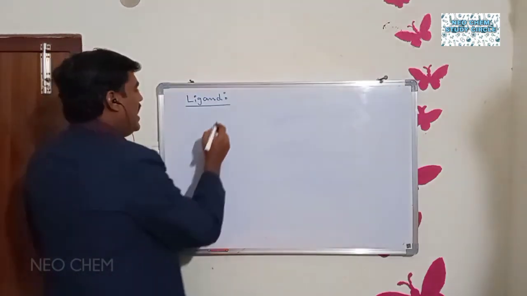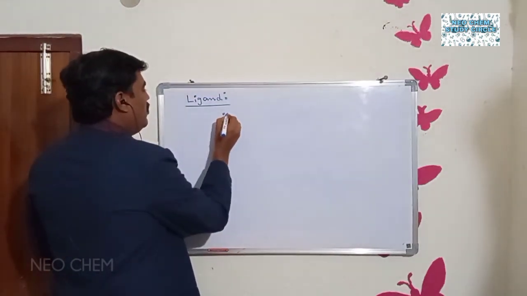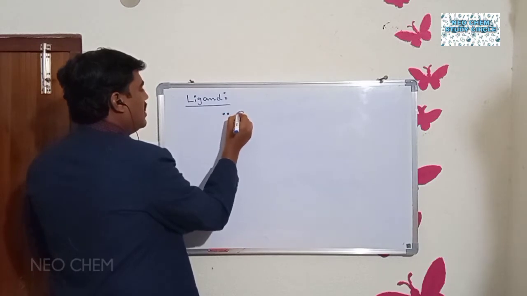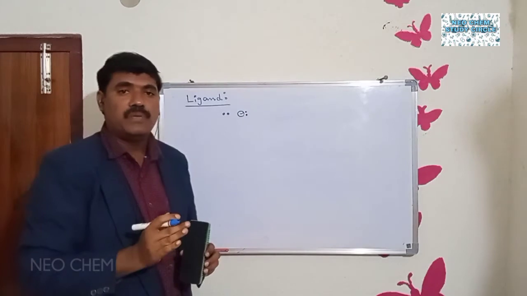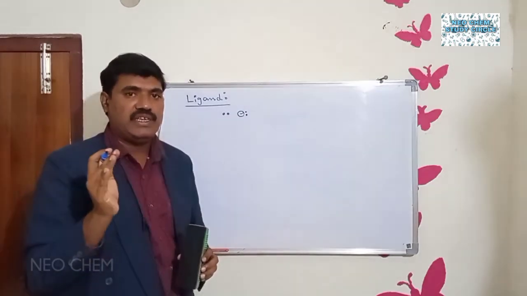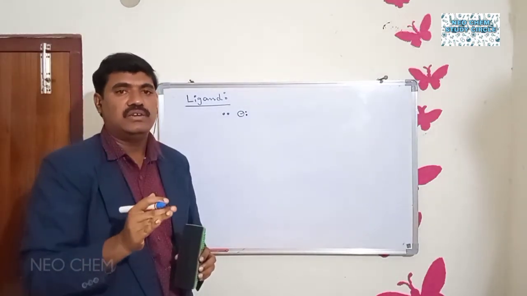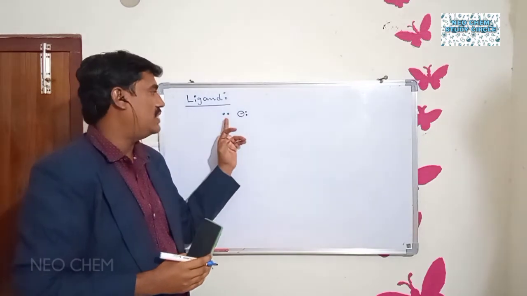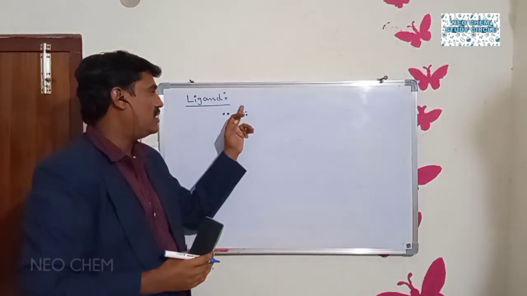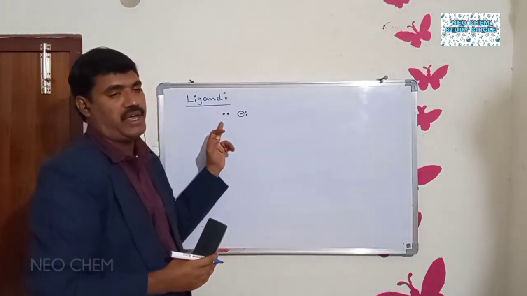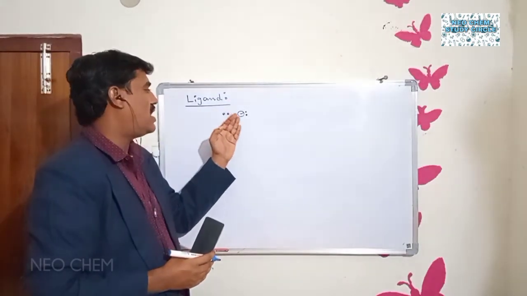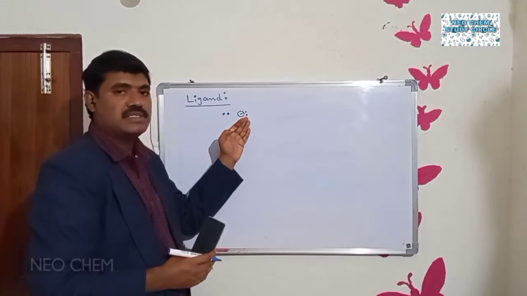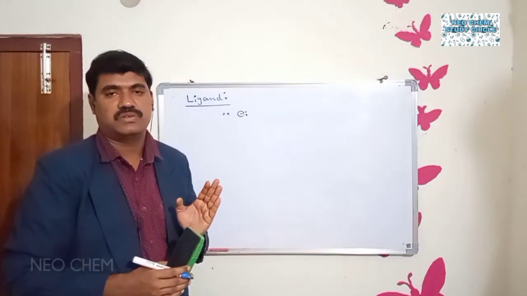The ligand may have either a lone pair of electrons or a negatively charged electron pair. So if a species acts as a ligand, it should have either a negatively charged electron pair or a lone pair of electrons.